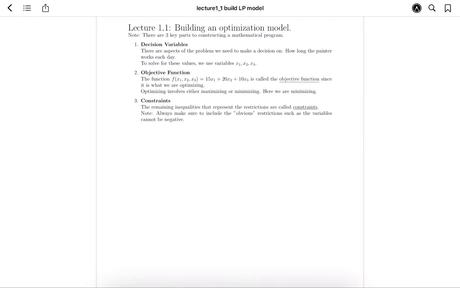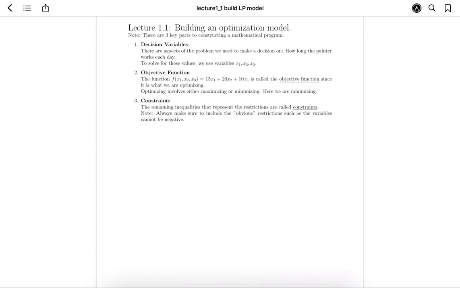Let's summarize some key ingredients in constructing a mathematical program. The first thing you have to do is to identify your decision variables. In our previous example, the decision variables are how long the painter works each day. The second ingredient is the objective function.